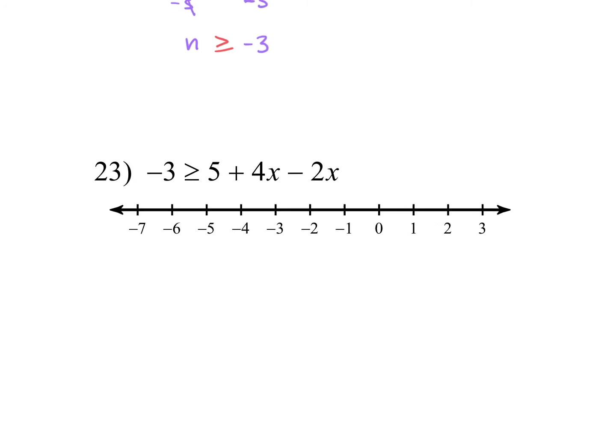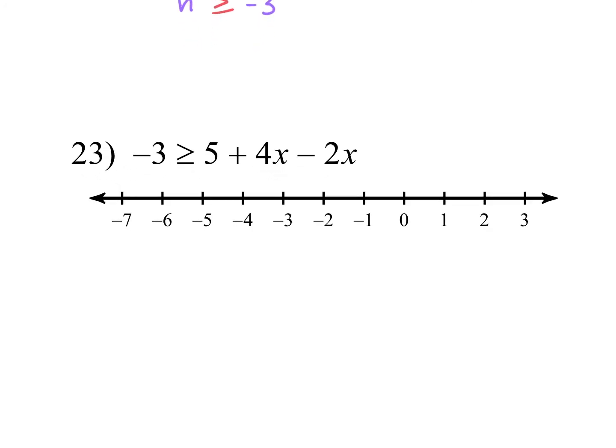All right, 23. What should I do first? Combine the like terms. So it's 4x minus 2x, which is 2x. So negative 3 is greater than or equal to 5 plus 2x.